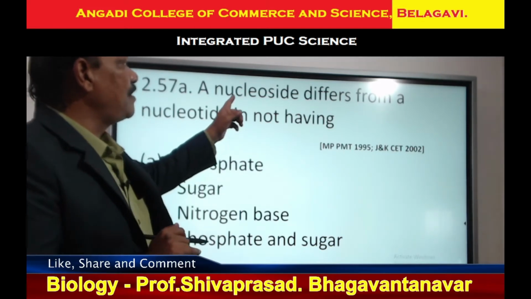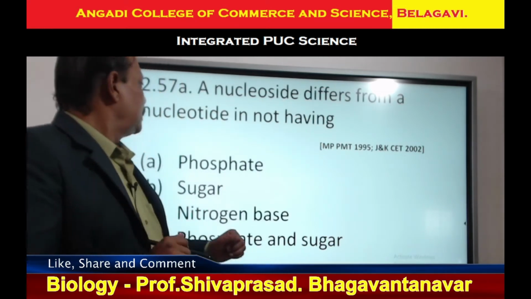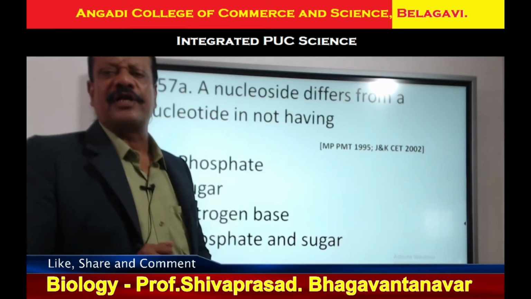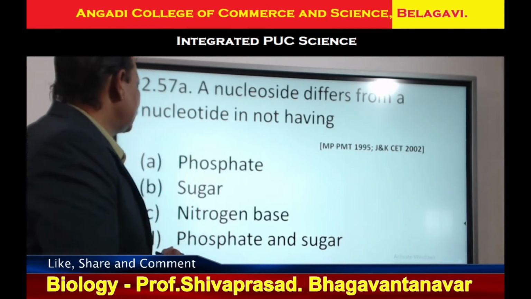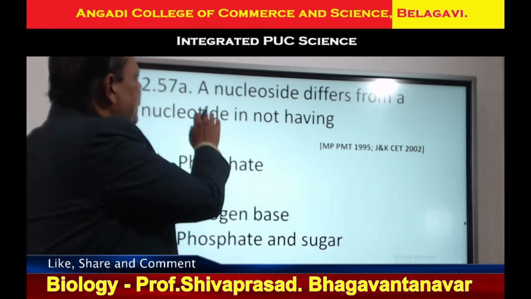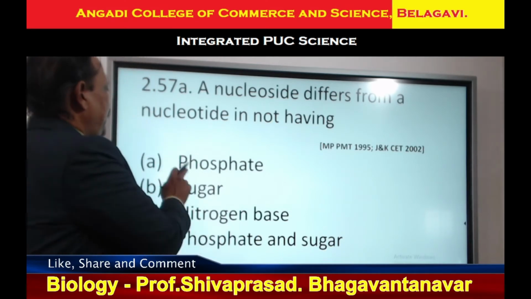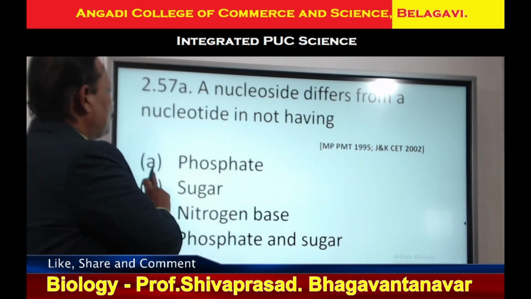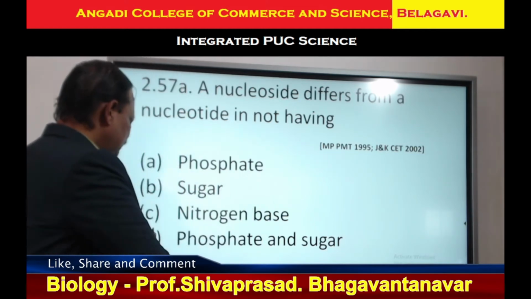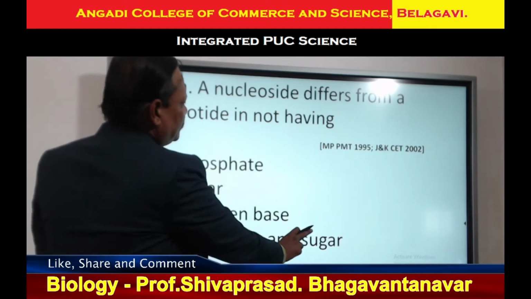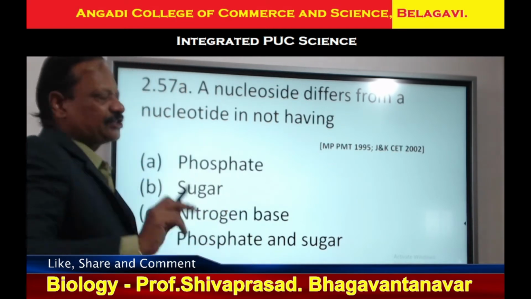Where in case of nucleoside. In case of nucleotide, only sugar is present. So as a result, here we can see the options A, phosphate, B, sugar, C, nitrogen base, D, phosphate and sugar.